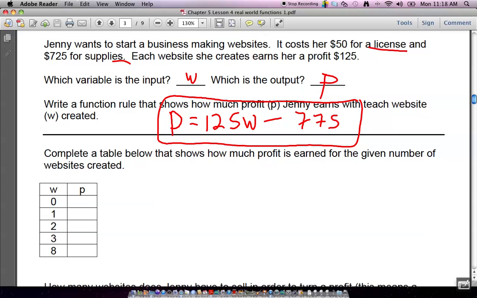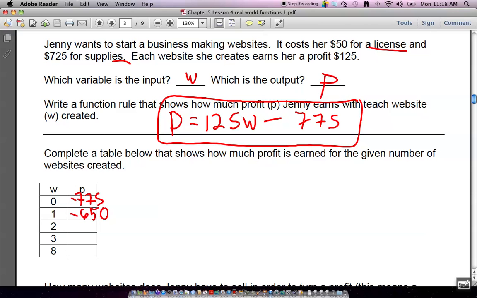So now, let's put it into the table. If I plug in a 0, what's 125 times 0? 0. Minus 775. What do I get? Negative 775. Good. Let's put in a 1 now. What's 125 times 1? 125. 125 minus 775 is negative 650. What if we plug in a 2?